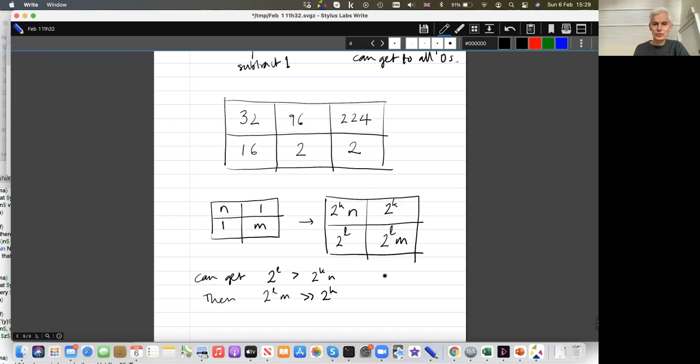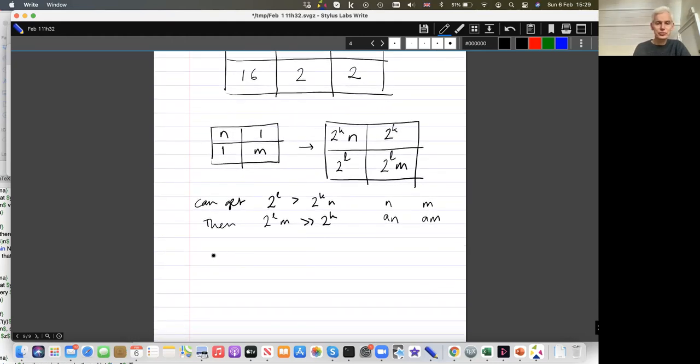So supposing I had a situation where I had something more like n, an, and m, am, then I would be in great shape, I think, because I can just double this until it gets to be about the same size as this, and then subtract, and then when I get this down close to 1, I can sort of double it again and get close and subtract, and so on.